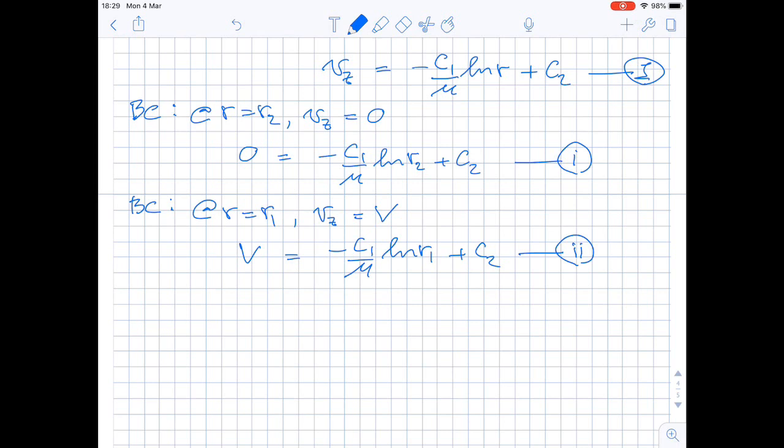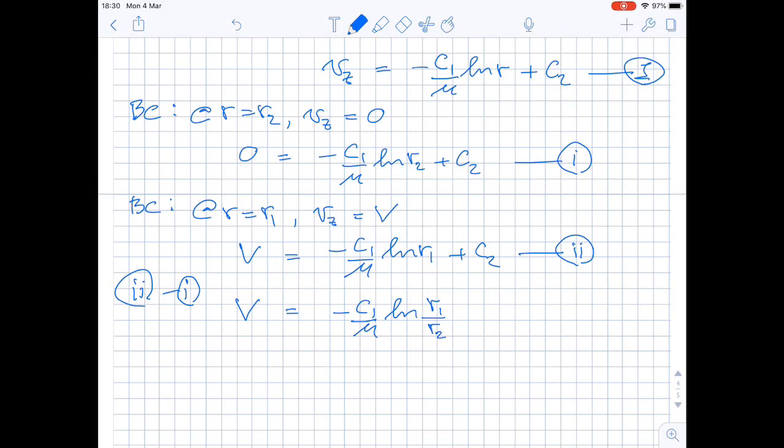You can solve for these two equations, and at the end, if you take equation 2 subtracted by equation 1, C2 will be cancelled. Right hand side you get V equal to minus C1 over mu, logarithm of R1 subtracted by logarithm of R2, which can be combined into logarithm of R1 over R2.